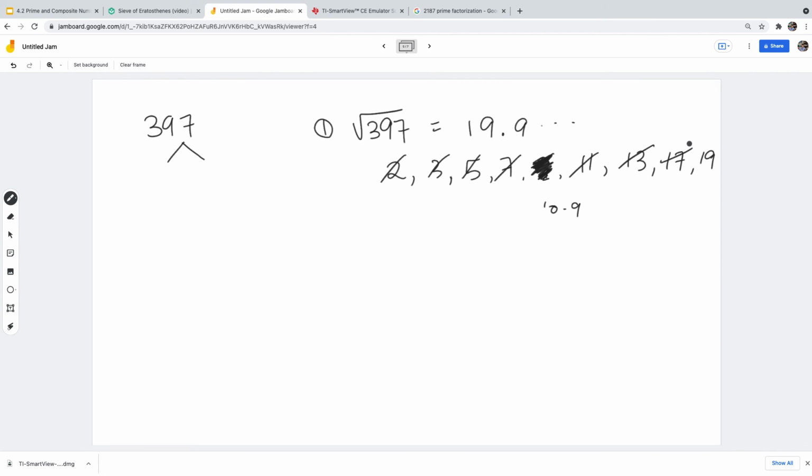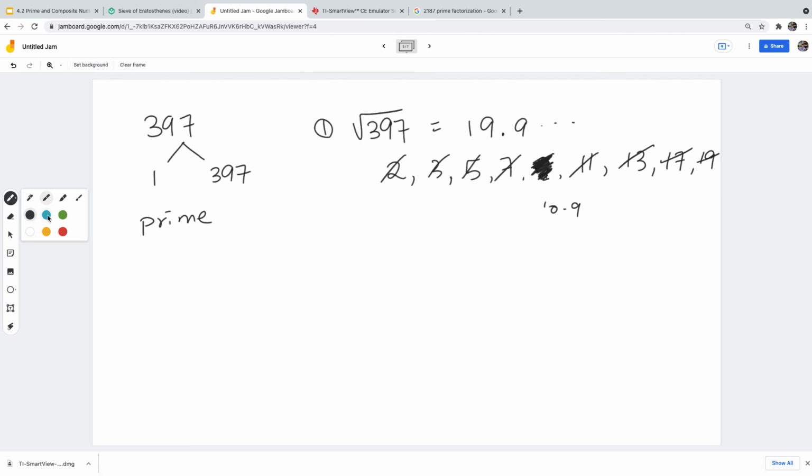How about 397 divided by 19? You get 20.8 and so on. So it is also not divisible by 19. What does that tell us? There is no number that divides 397, which means there are only two factors for 397, which means it is a prime.